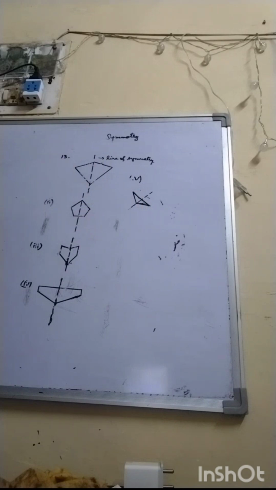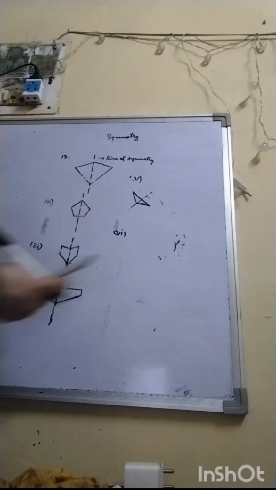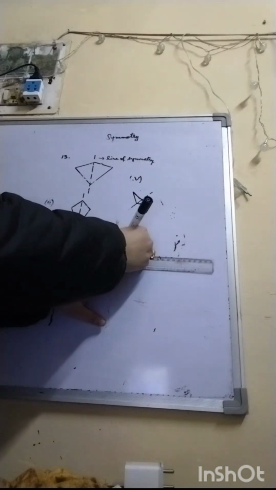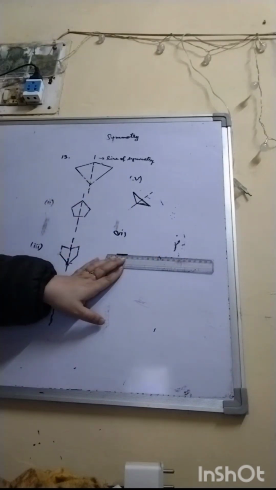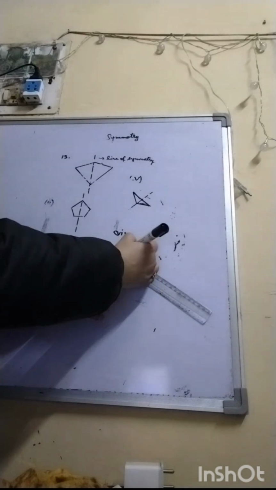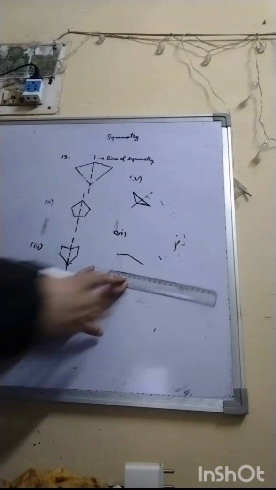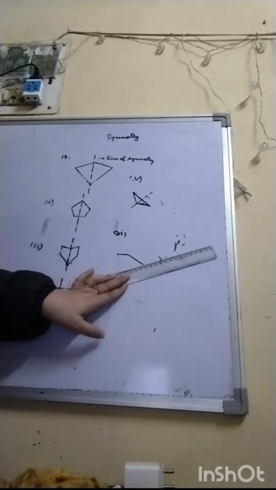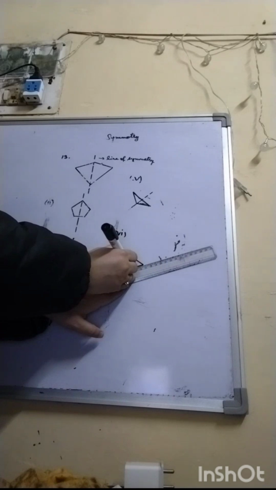Then the last figure, you have 2 dots horizontal, then it is connecting 2 dots, leaving 1 box in between. Then you have a line like this.